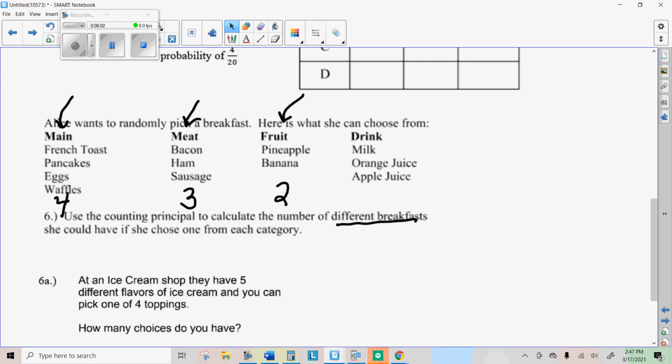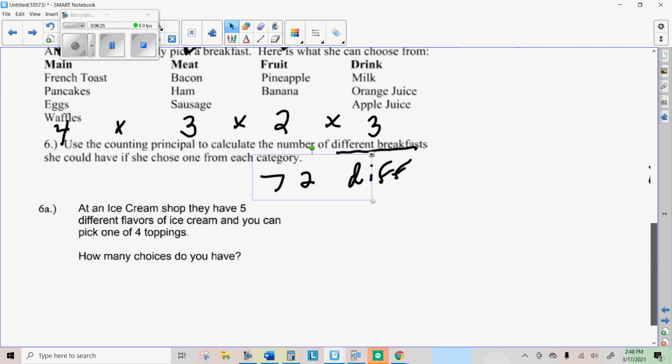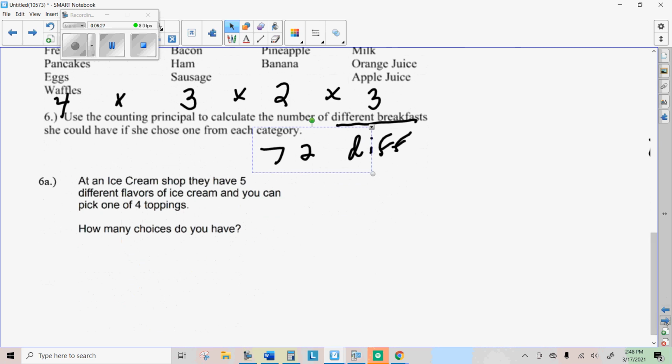And for drink, we have 3 choices. Now, to get the total number of possibilities, all you have to do, this is the counting principle, is multiply those choices. So 4 times 3 is 12, times 2 is 24, times 3 is 72 different breakfasts we could order. Wow, we could go there 72 days in a row and not eat exactly the same thing.